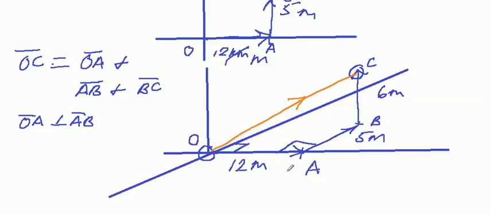So we join points O and B. So vector OB bar, I think I should show in a different color once again. So vector OB bar is OA bar plus AB bar.